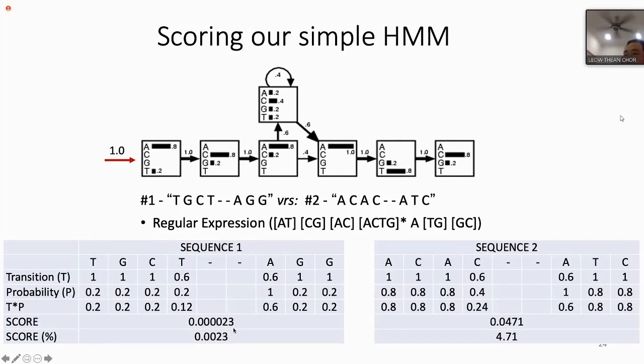And if you convert to percent, it's equal to 0.0023% for sequence 1. And same thing for sequence 2, the score in percent is 4.71%. So when you compare the scores for sequence 1 and sequence 2, which sequence is the best match to this profile HMM? Which one?